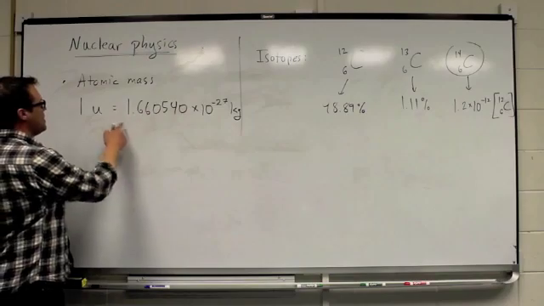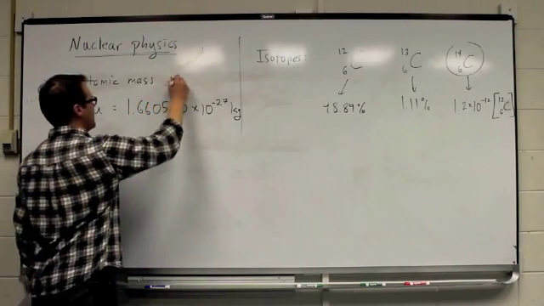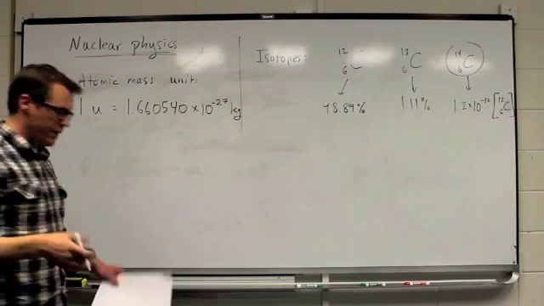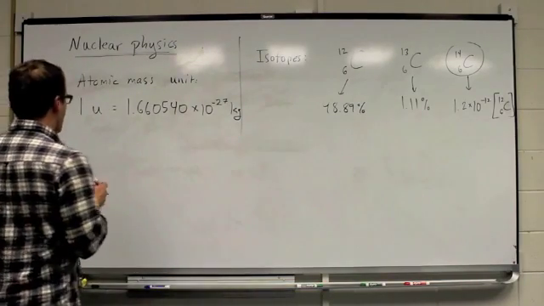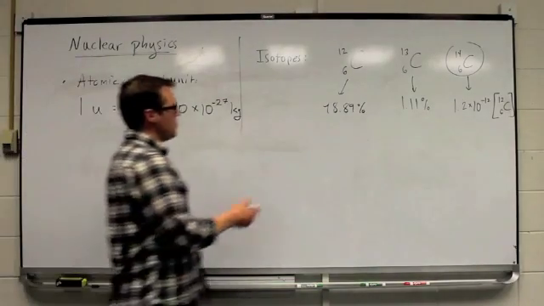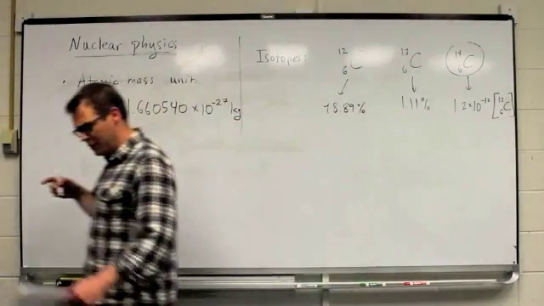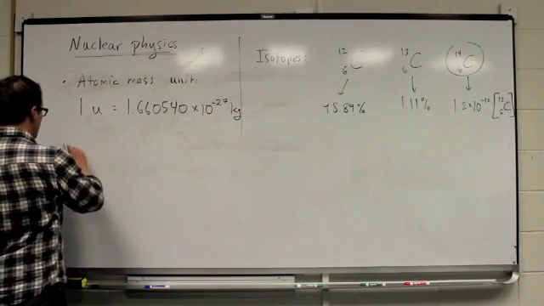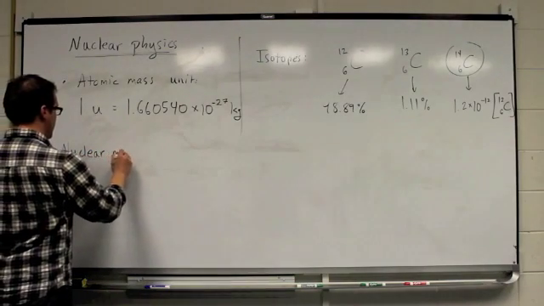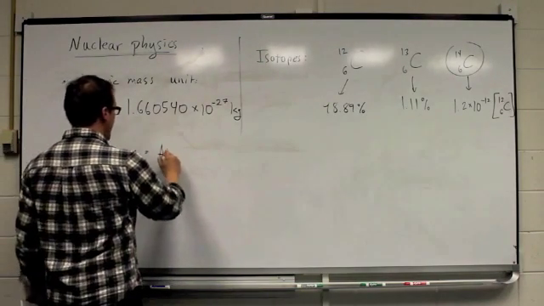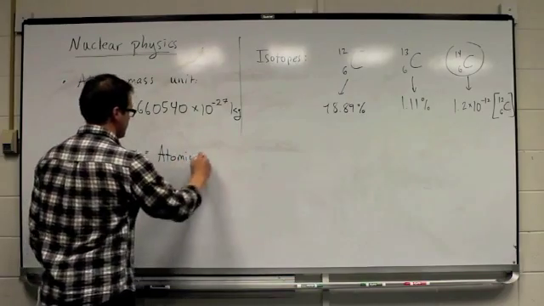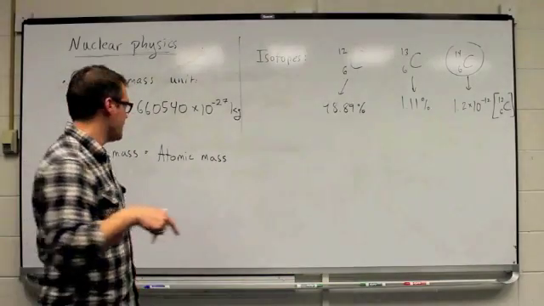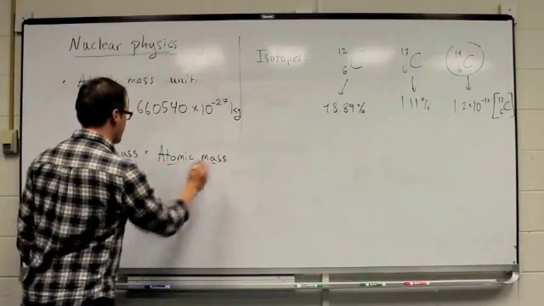So the atomic mass unit is a very common unit for measuring the mass of a nucleus. Now, bear in mind that if, for example, you wanted to know the mass of a carbon nucleus, when you're looking that up in a table, you need to remember that the number that's typically staring at you from the periodic table is the atomic mass.